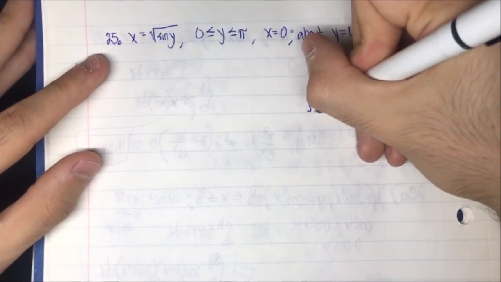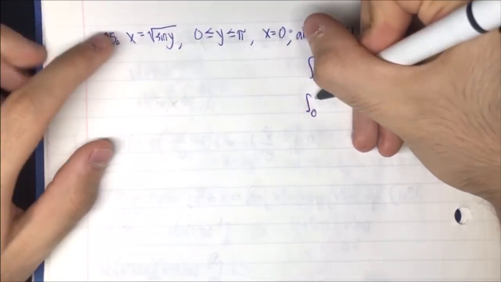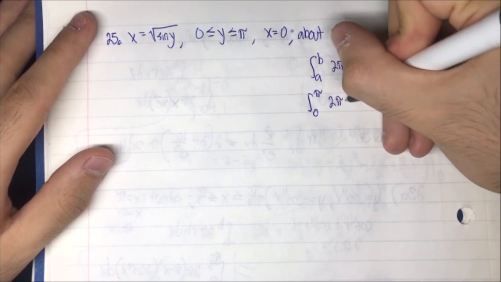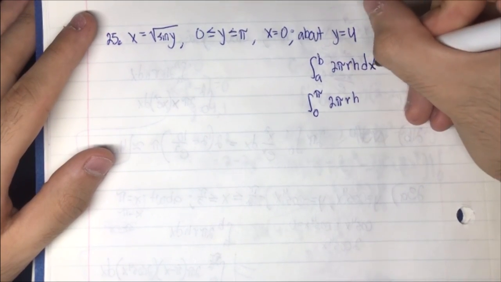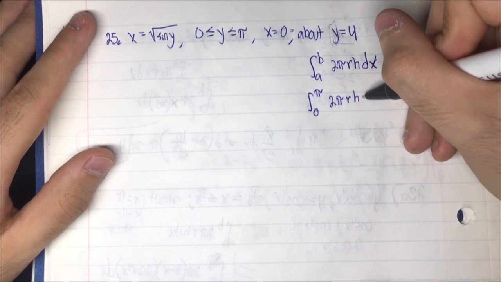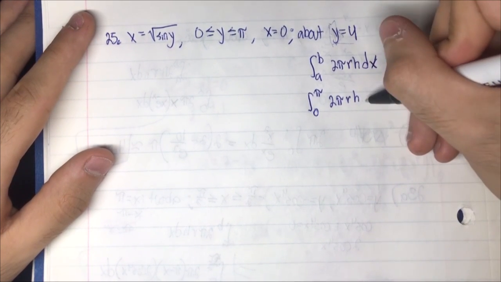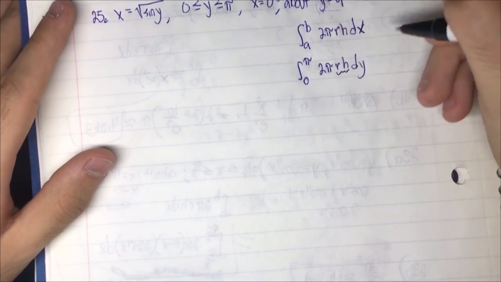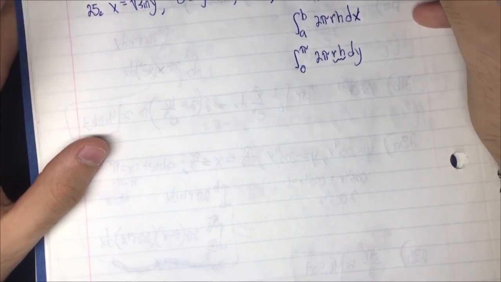Then they gave you the a and the b, so that's going to be right here from 0 to pi, and then 2 pi radius height, and then the dx. It's in terms of y here, so it's going to be dy. Now all we've got to figure out is the radius and the height.